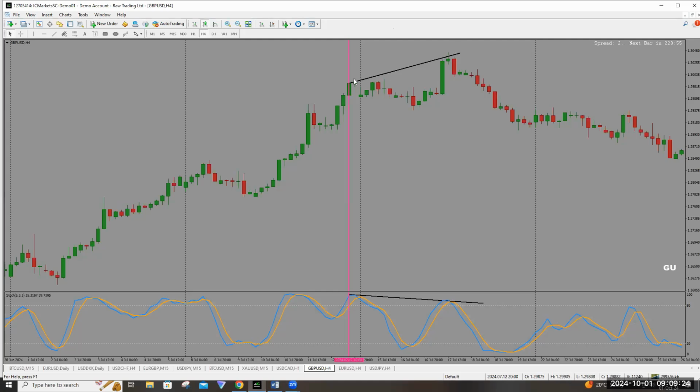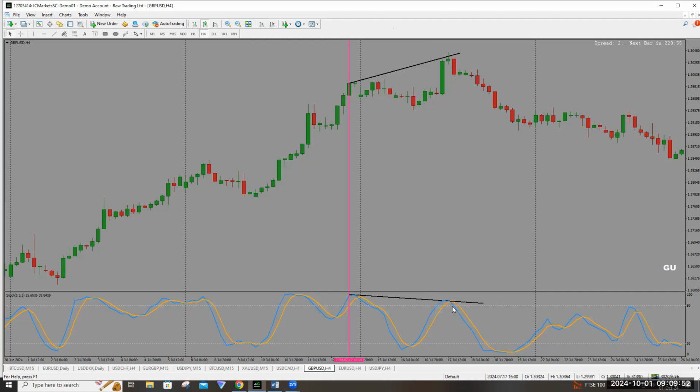We have this higher high here, and then instead of creating a higher high like our chart, it created a lower high. So that means the market on the chart is pushing up, but the market on our oscillator is pushing down. What that means is presence of divergence. And if that happens, it means that there is a possibility that this market is going to trade lower.